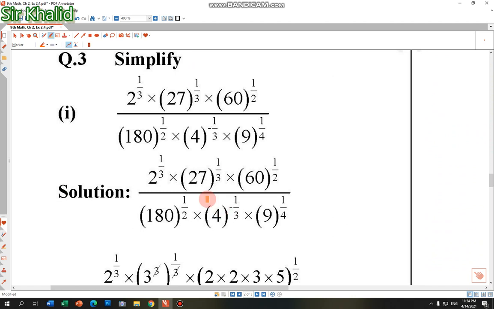Again a very important question, number 3. Simplify: 2 power 1 over 3 into 27 power 1 over 3 into 60 power 1 over 2, over 180 power 1 over 2 multiplied by 4 power minus 1 over 3 multiplied by 9 power 1 over 4.